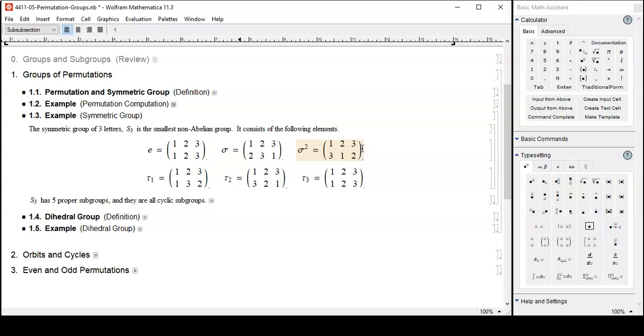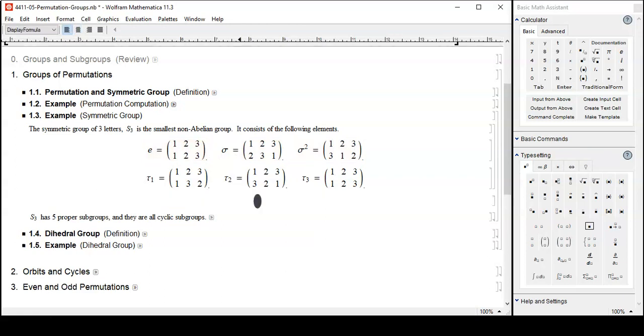And then if I take sigma cubed, one more shifting will come back to 1, 2, 3, so you're going to get E. So sigma, sigma squared, and sigma cubed will turn out to be E. And such a thing, this thing is a 3 cycle.